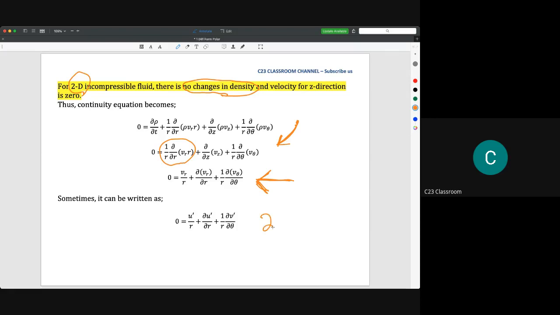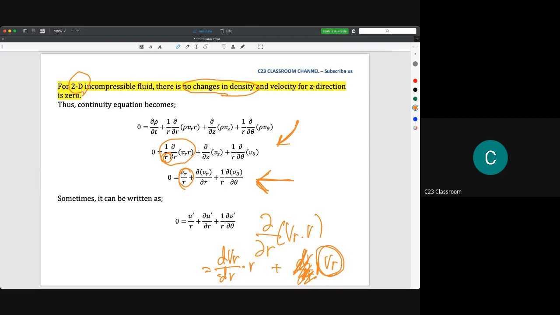So if we have del over del r of r vr here, it is equal to dvr over dr with r constant, plus r dr over dr with vr constant. And then the dr over dr here will equal 1. And then we have vr over r here. That's why it becomes vr over r here, because we have another r here.